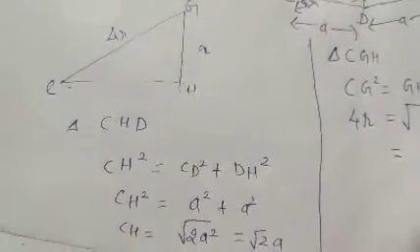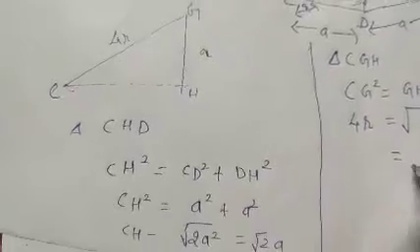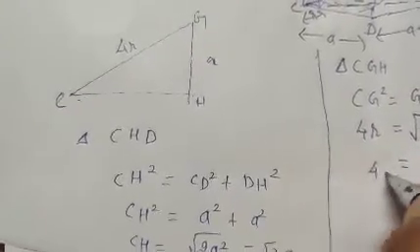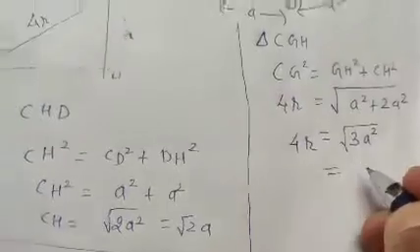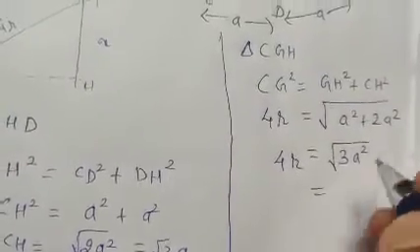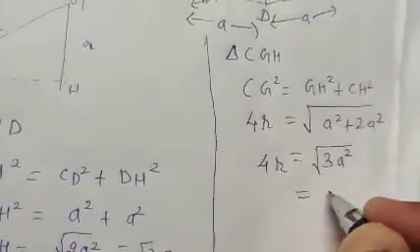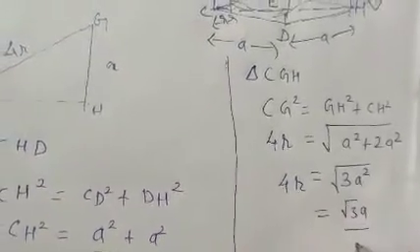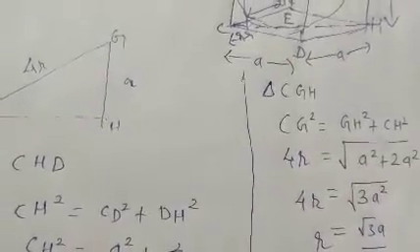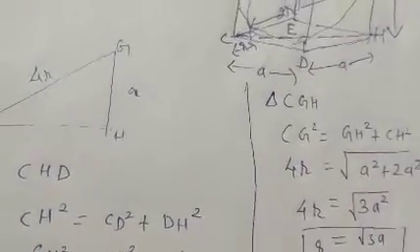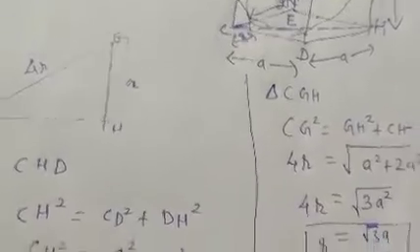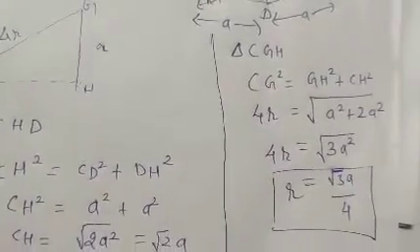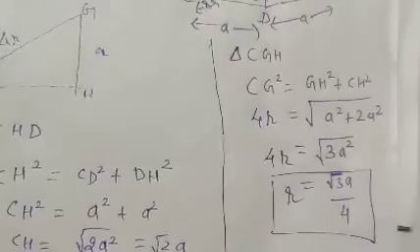This will be under root 3a square, equal to 4r. This will be under root 3a upon 4, which is r. So the radius in the body centered cubic case is under root 3a upon 4.